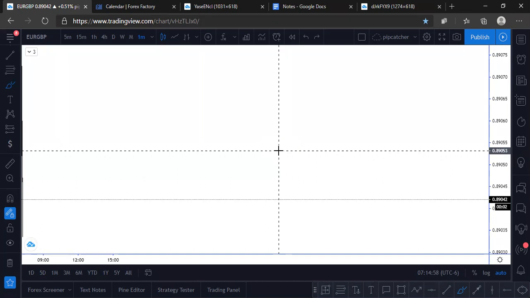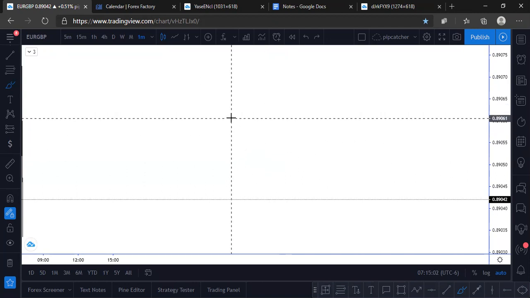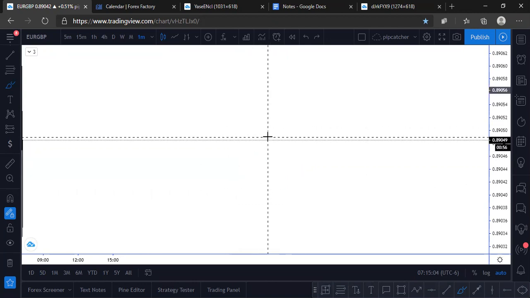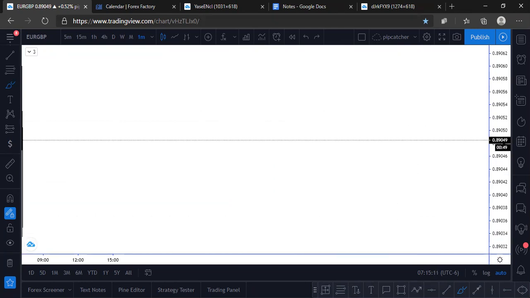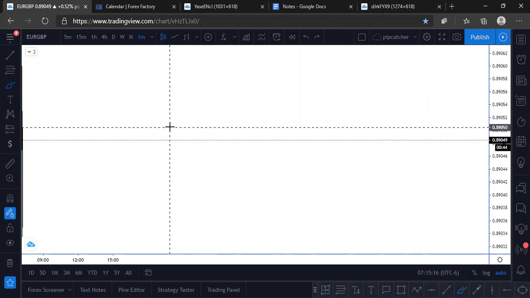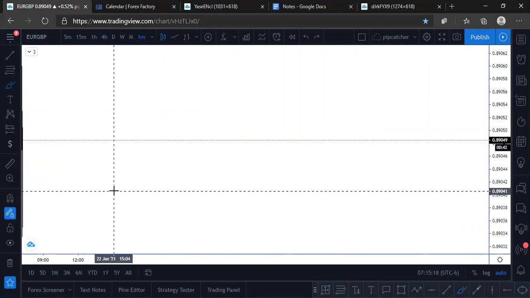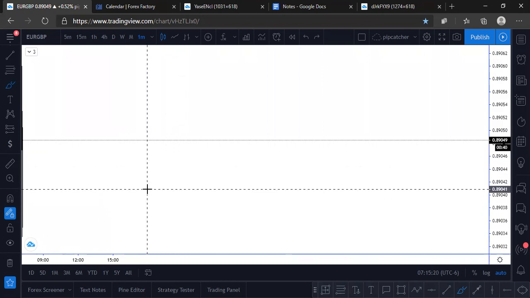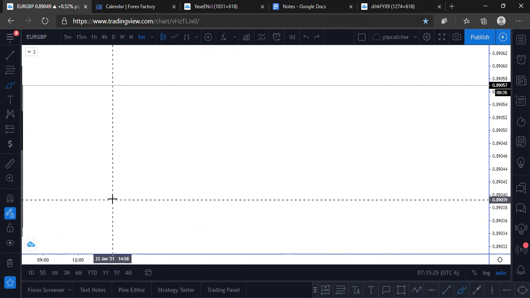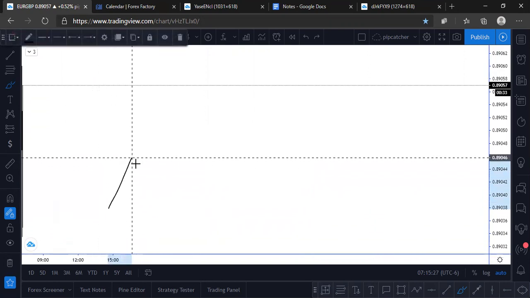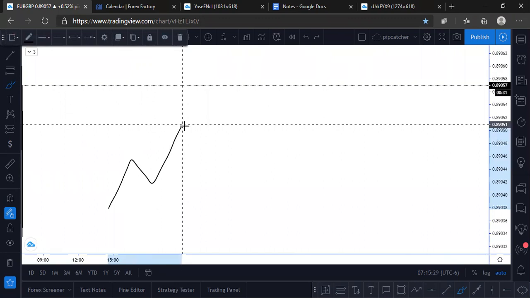So, in this video, I want to recap on market structure and then talk about expansions and retracements, right? So, basic things that we see in market structure are your uptrends, where you have a higher high and higher lows, and downtrends, where you have lower highs and lower lows, and that would look something like this, right?